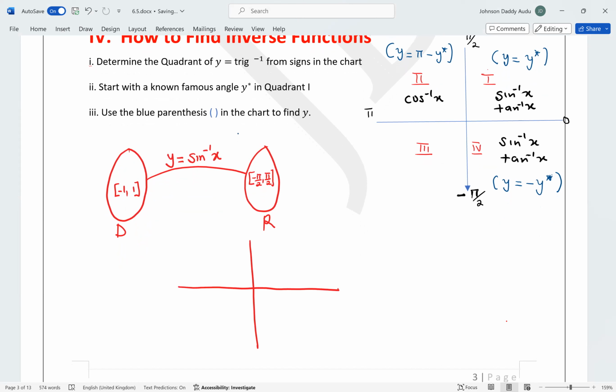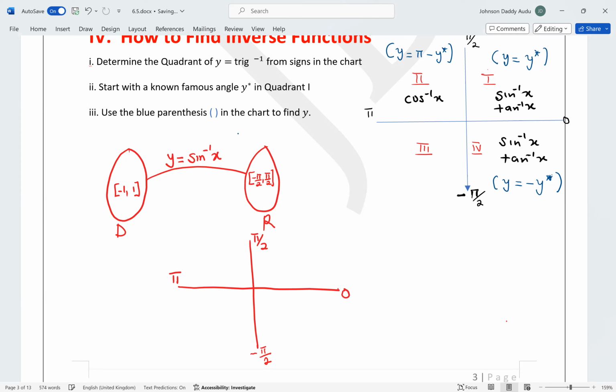Let's look at our quadrants. Let's say this is 0, this is π/2, this is pi. And here, instead of having 3π/2, we said -π/2, which is like you're coming clockwise. Remember, if you come clockwise, you have negative; if you go anti-clockwise, you have positive.